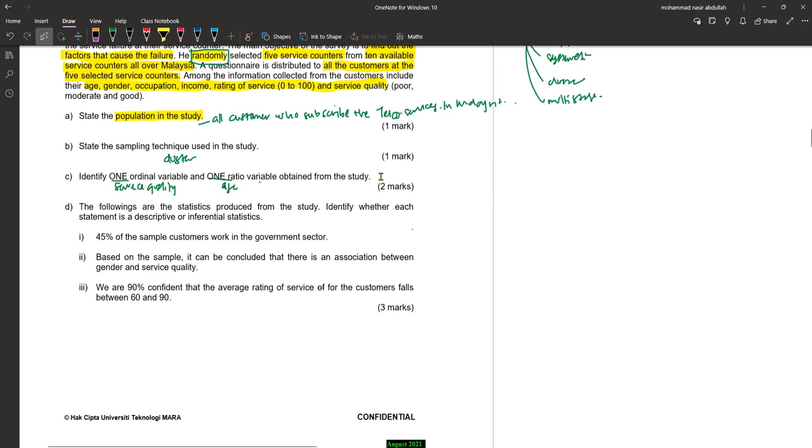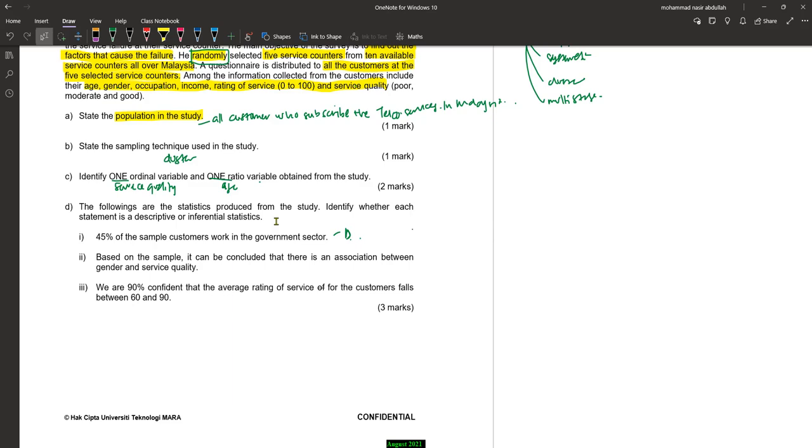So the following are statistics produced from the study. Right? Identify whether each statement is descriptive or inferential. So 45% of the sample customer work in government sector. So this is a descriptive lah. You just describe, kan?